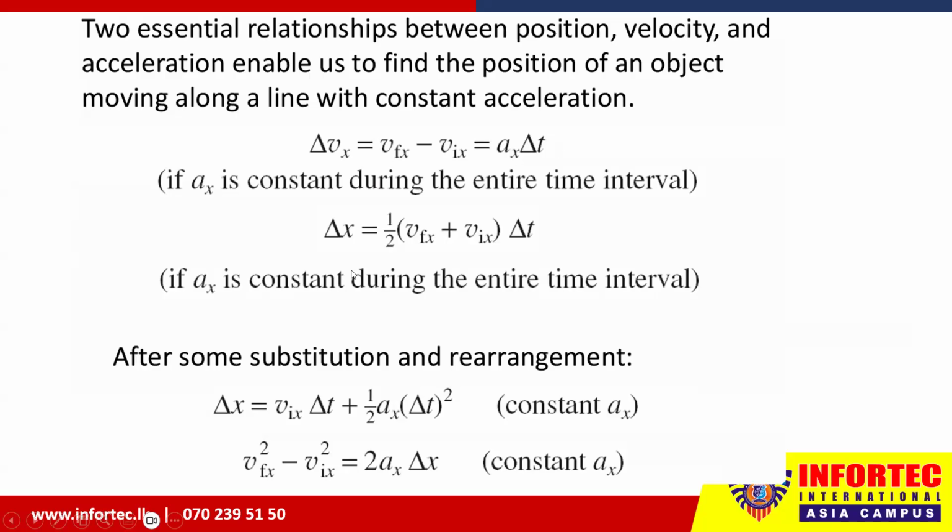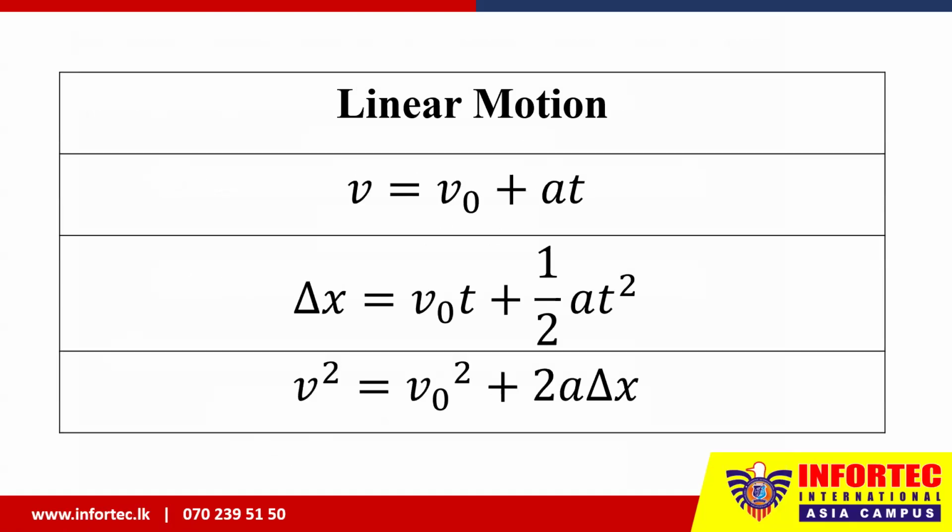The other equation is delta x equals half of (v_fx plus v_i) times delta t. If a_x is constant during the entire time interval, we can substitute into this equation and rearrange. Then we find the kinematic equations, the relationships between position, velocity, and so on.